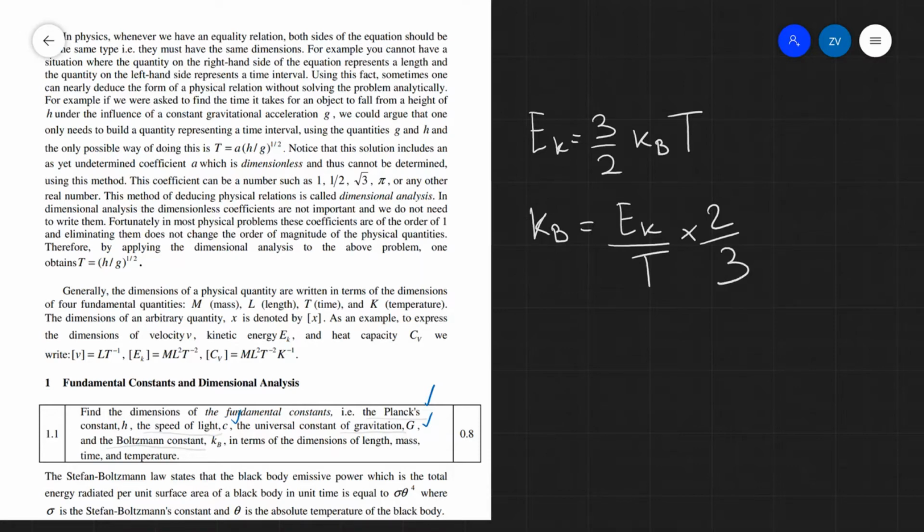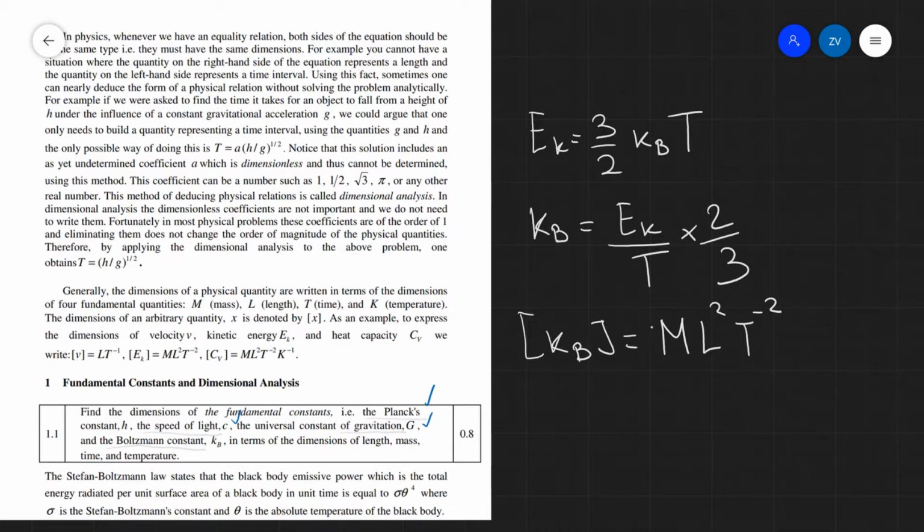This means that the units, or the dimensions, of Boltzmann's constant are going to be the same as the ones for kinetic energy, which are given over here. So that's going to be M L squared T to the power of minus 2. Don't confuse the t for the units of time with T as the symbol for temperature.